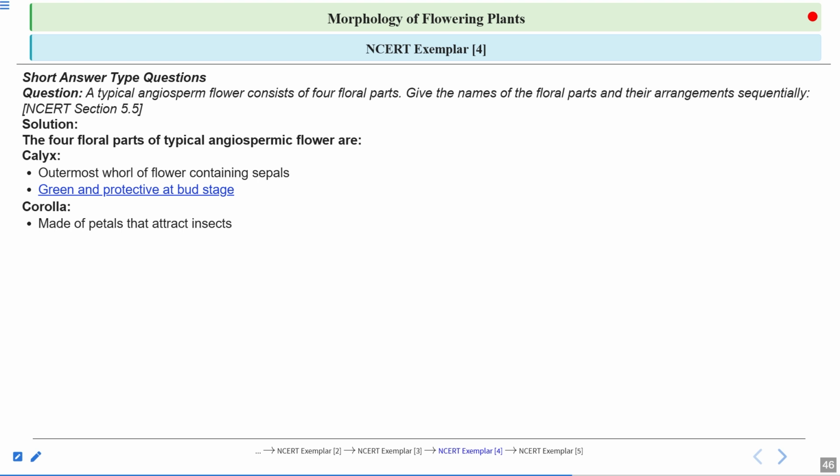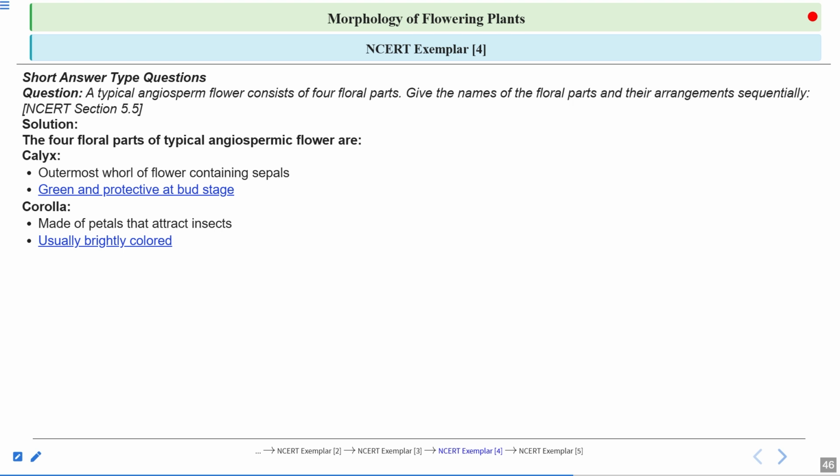Why do they have such different colors? So that these colors can be easily seen by insects and they get attracted toward them. They can visit and do the process of pollination there. And this pollination is very important for sexual reproduction. So indirectly, they are bringing about this reproduction, right?